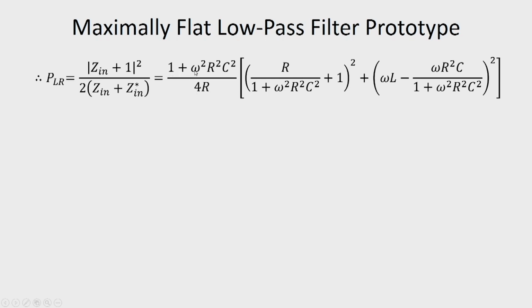It is 1 plus omega square R square C square divided by 4 R into R by 1 plus omega square R square C square plus 1 whole square plus omega L minus omega R square C divided by 1 plus omega square R square C square whole square.